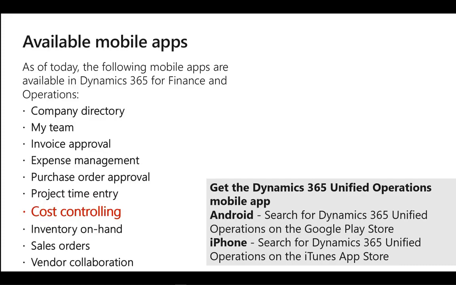Cost controlling. Cost center managers can see the performance of the cost centers through these mobile apps. Inventory on hand. Inventory on hand mobile apps let the user gain insights into reserved and available inventory for particular products.